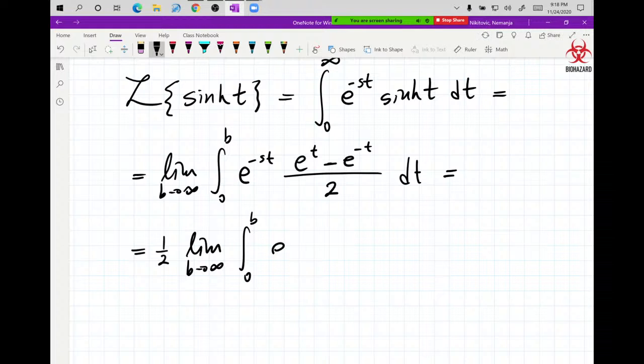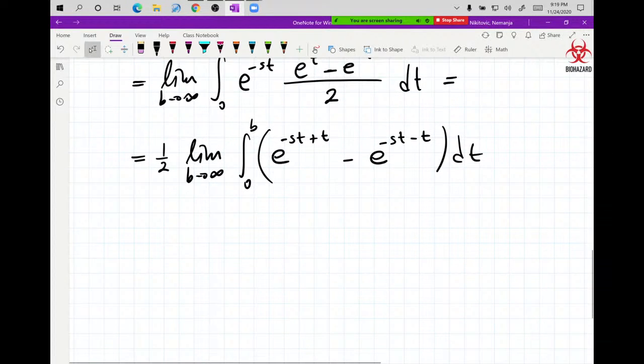And now I'm going to have e to the negative st plus t minus e to the negative st minus t, all of that in parentheses, dt. And you can clearly factor out t, and it just becomes a very basic Calc 1 integral like e to the t.